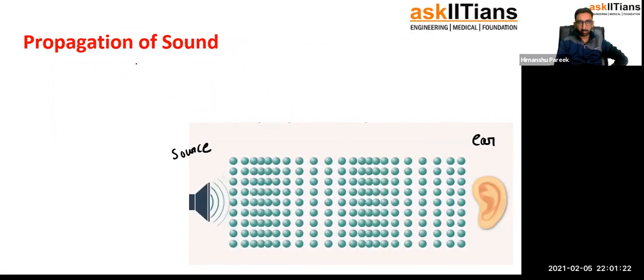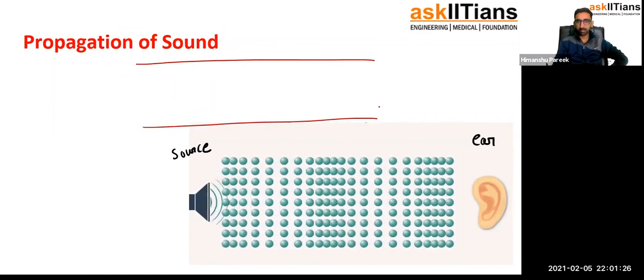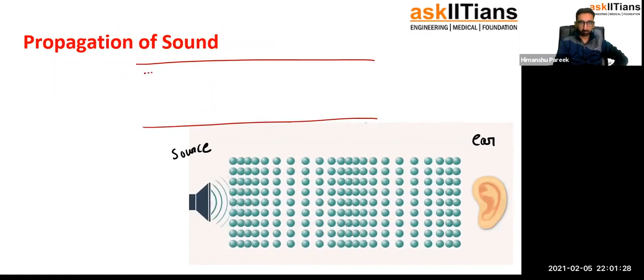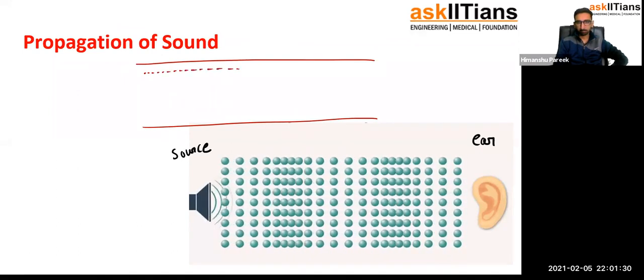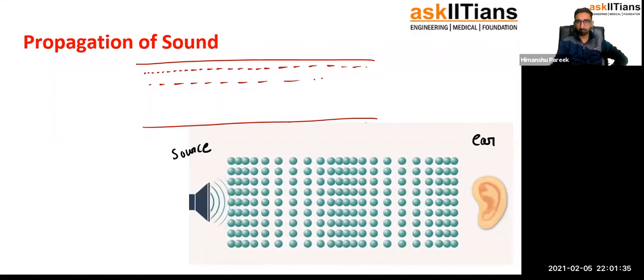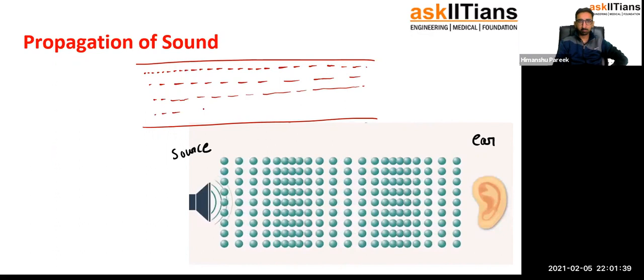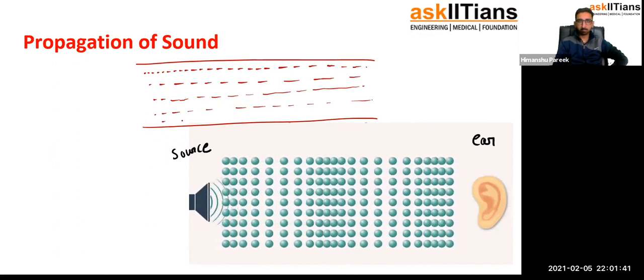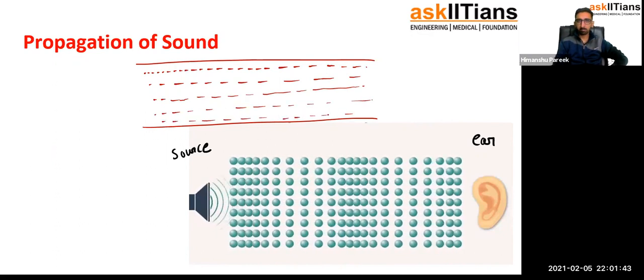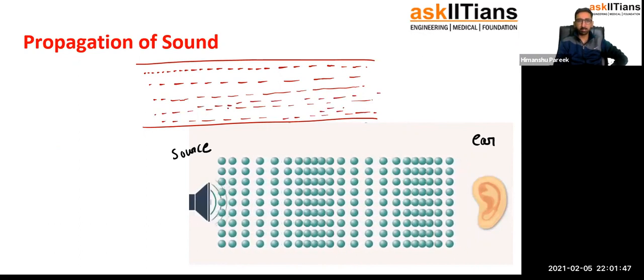Let's take one container, and in that container we have gases. So these are the gases inside the container, or you can say simply some air particles are there. Some medium is there.